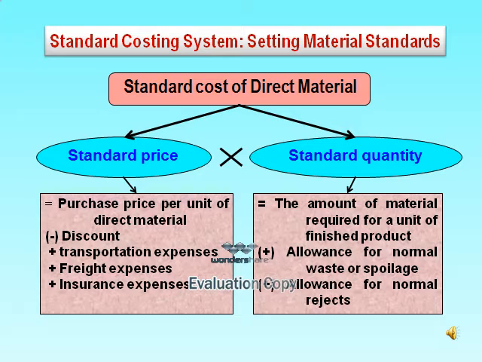If a unit of finished product needs 2 meters, this is the amount of material required, plus allowance for normal waste or spoilage, plus allowance for normal rejects. If a unit needs 2 meters, you must buy more than 2 meters, because there are waste, spoilage, and normal rejects. The standard cost of direct material equals standard price times standard quantity.